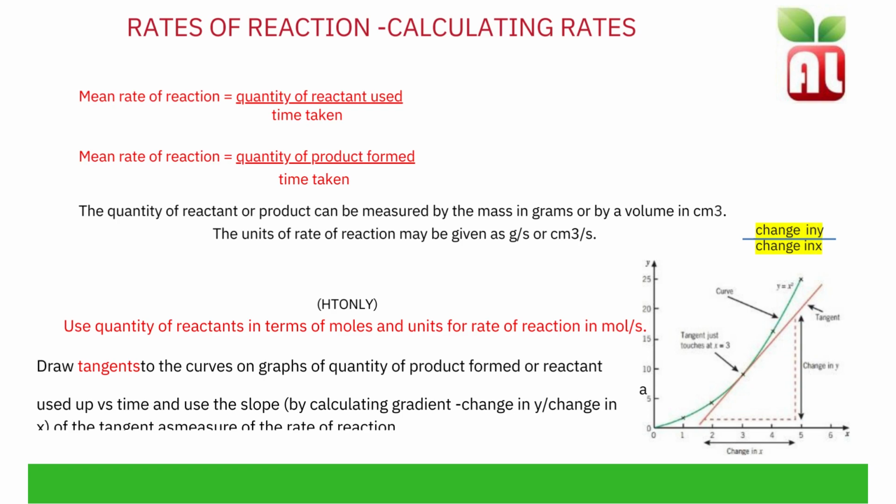A tangent is a straight line that touches the curve where approximately the areas either side of the curve are equal. Find the gradient of the tangent by doing the change in the y divided by the change in the x. You can do this using the triangle method, where you draw a triangle below your tangent to find the change in the y and the change in the x values.